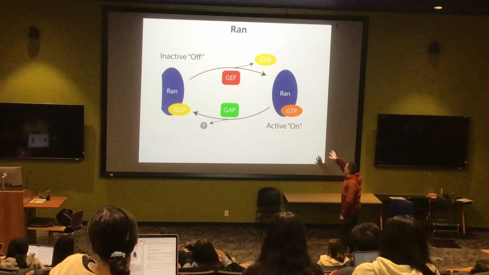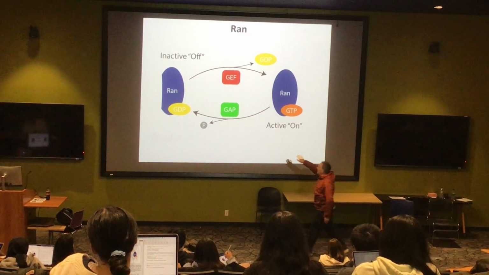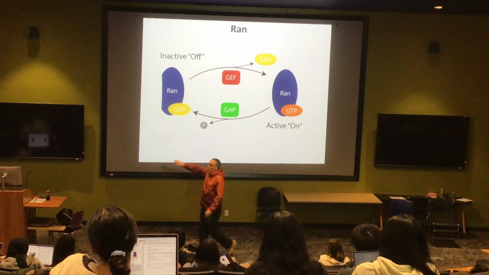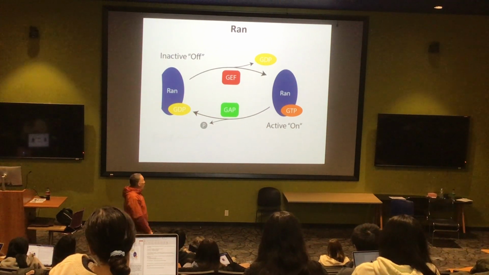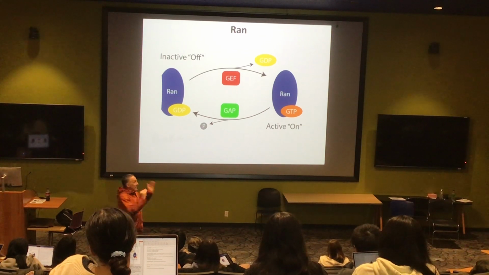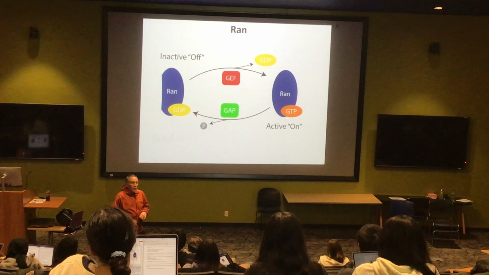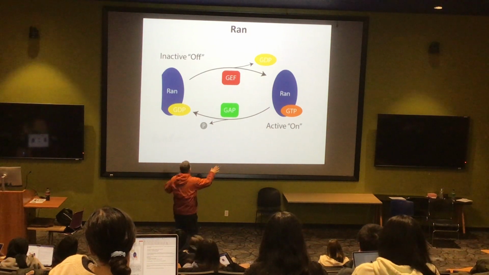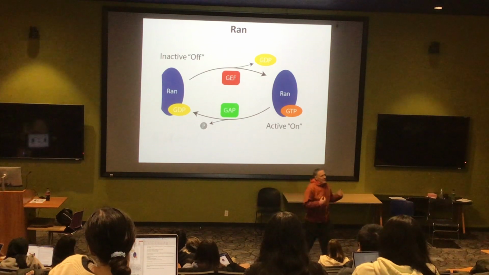So if you bind a GTP to RAN, it's going to hydrolyze it to GDP. So RAN has now at least two clear functional differences. One, to bind to something differently whether it's bound to GDP or GTP, and two, hydrolyze the GTP to GDP, so it's an enzyme. But what type of enzyme is it?